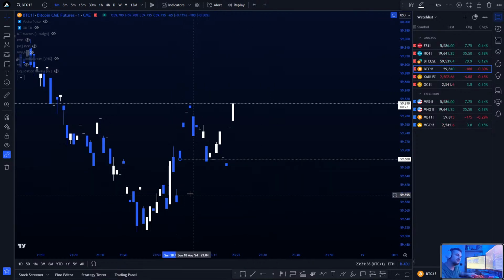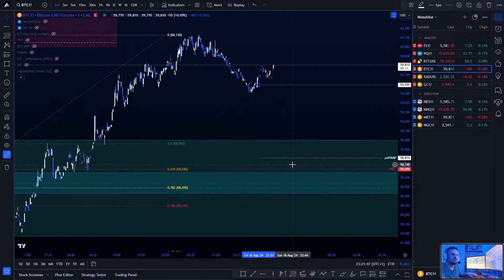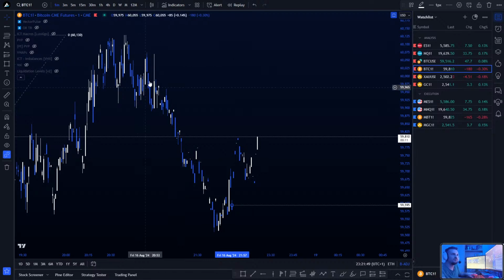Well, we kinda have this tiny space. It's like a $70 space. So maybe we come back to this block and start going down. This cluster of orders, kind of like this.